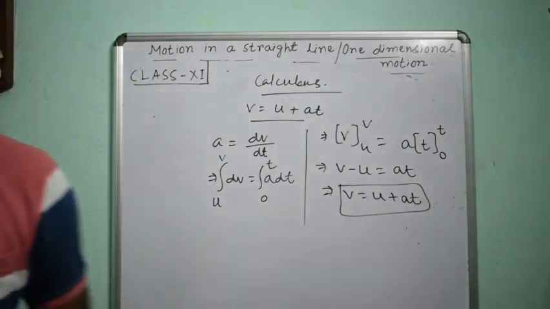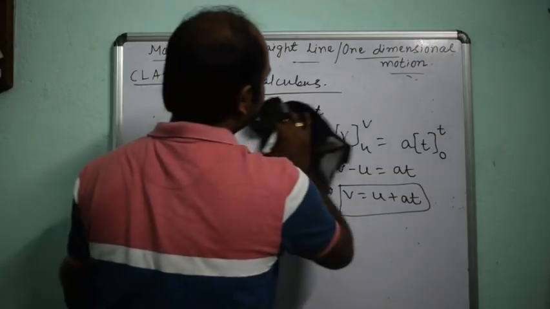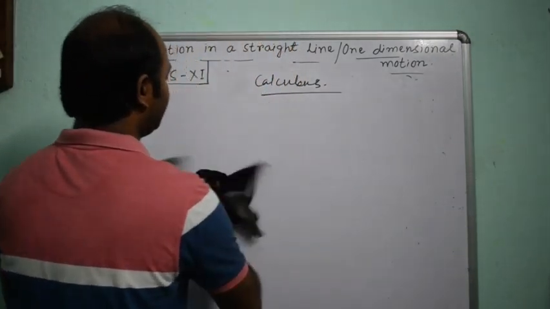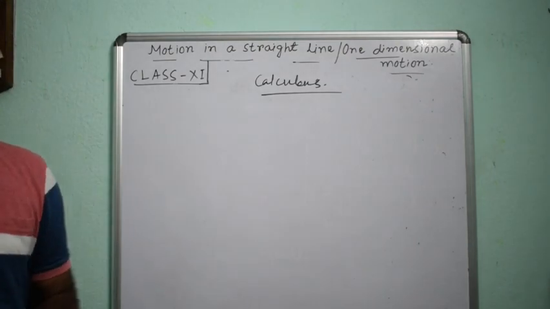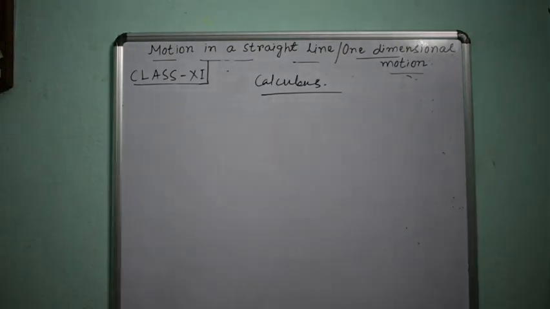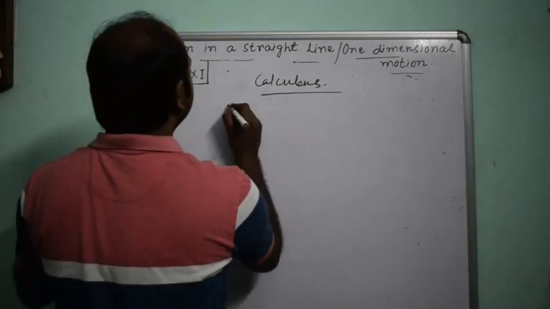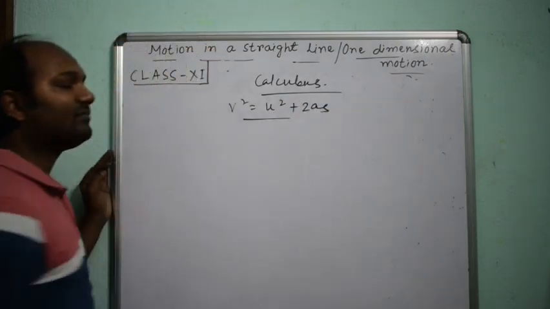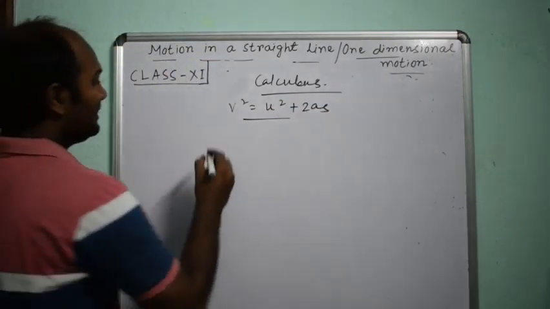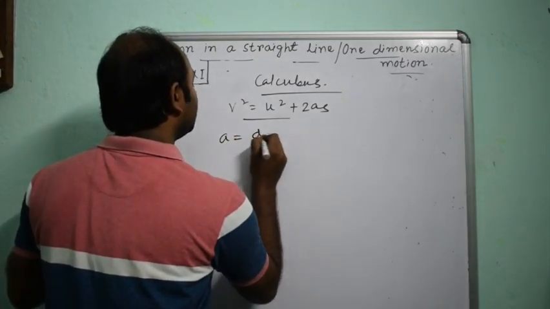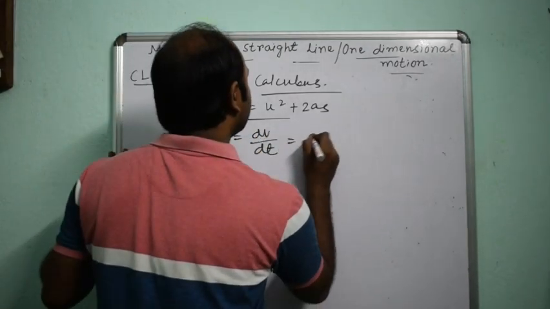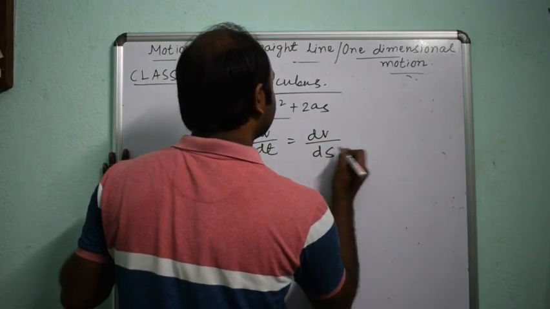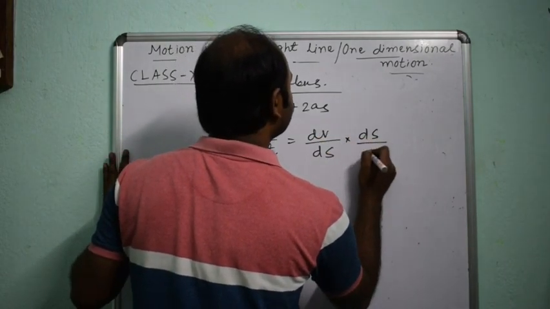Next, second equation of motion, that is v square equals to u square plus 2as. You know acceleration a, we can write dv by dt equals to dv by ds into ds by dt.